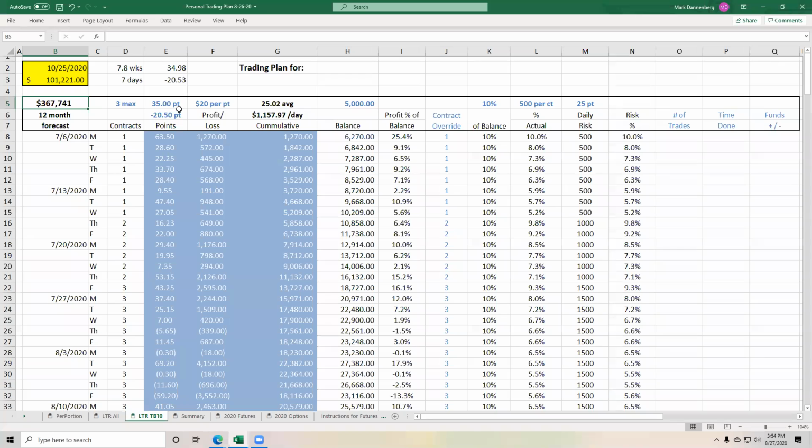And at that combined run rate, if I continue doing that for the remainder of the 12 months, so after this week, we have 44 weeks left to go, my income could potentially be $367,000, having started with $5,000. I think that's very powerful. And this tool right here, the personal trading plan, is, aside from the adaptive entry system, the most powerful tool you will want to have in your arsenal as a trader.